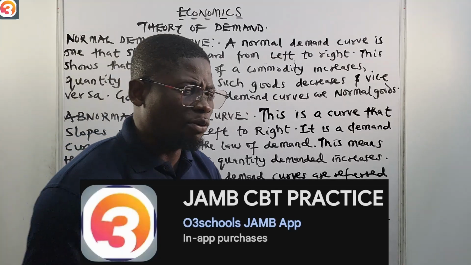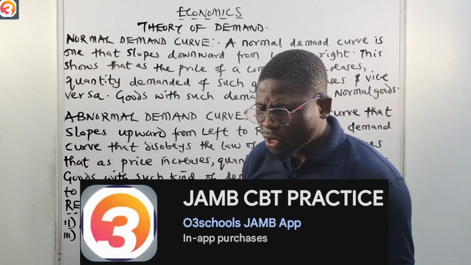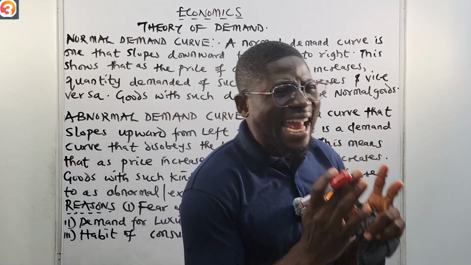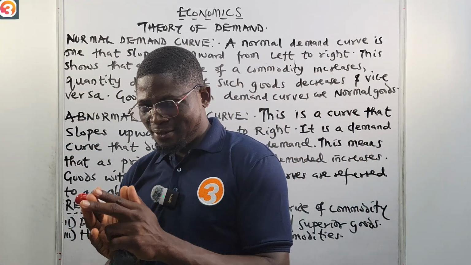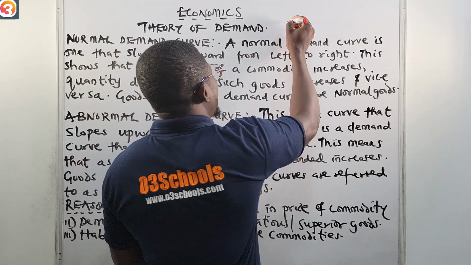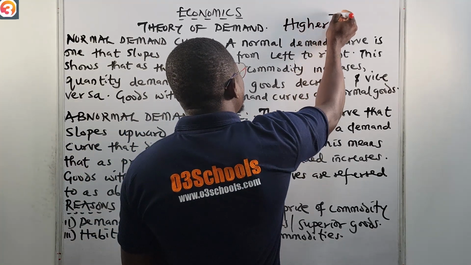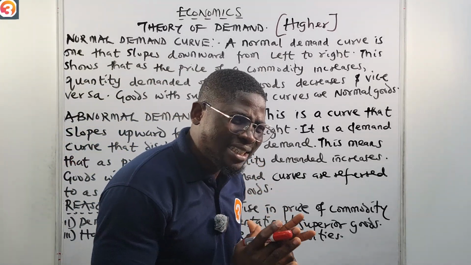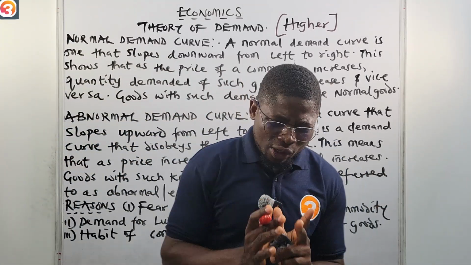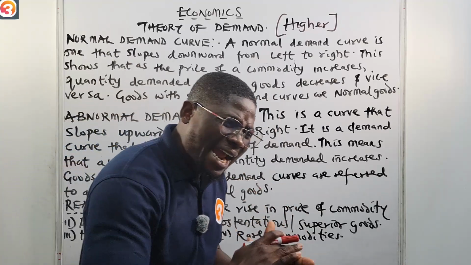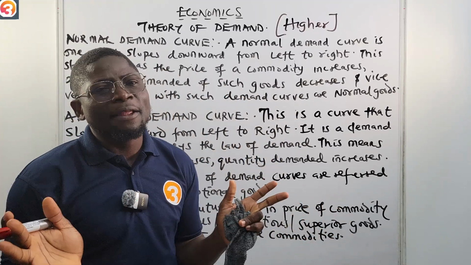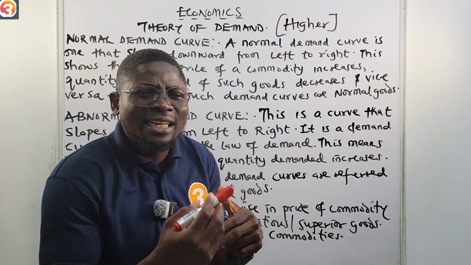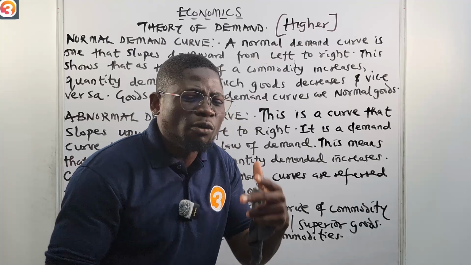Let us see the law of demand. What is the law of demand? Or what does the law of demand say? So the law of demand states that the higher the price of a commodity, the lower the quantity demanded. So it means that once the price of a commodity is high, people will tend to demand that commodity in lesser quantities.